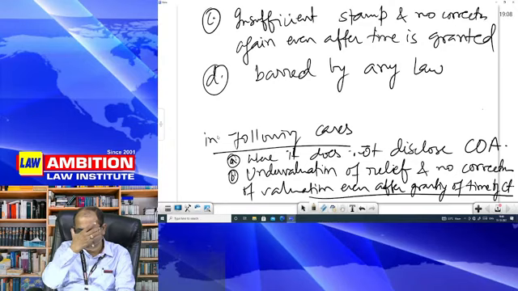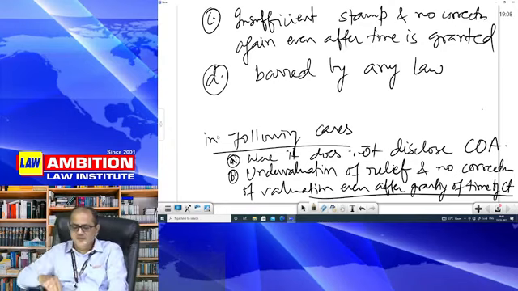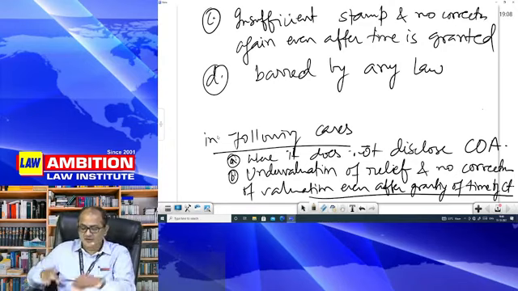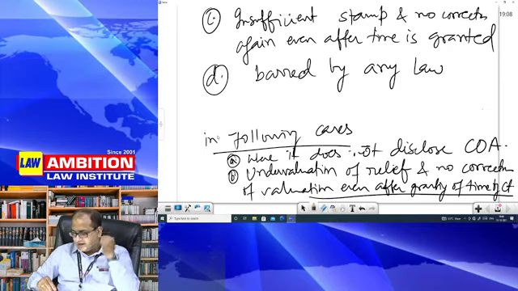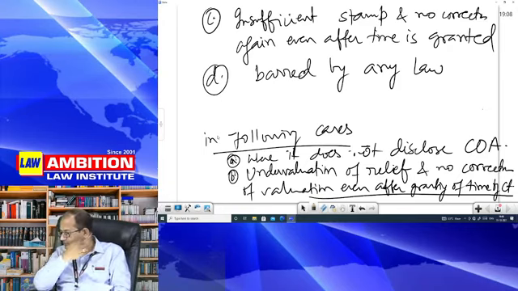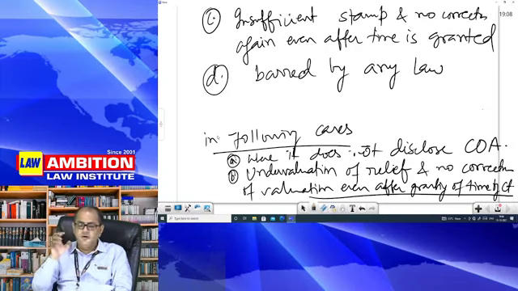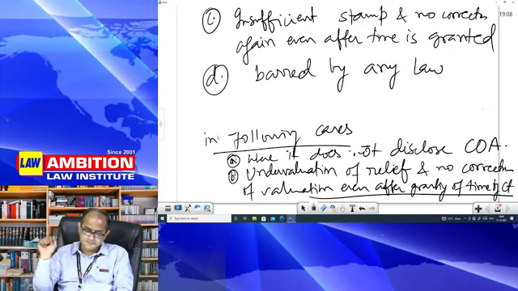So, you have written 6 grounds, just try to understand. I have to give a clarification here. Sometimes the law which is written in a statute book is not the law which is practiced in court.